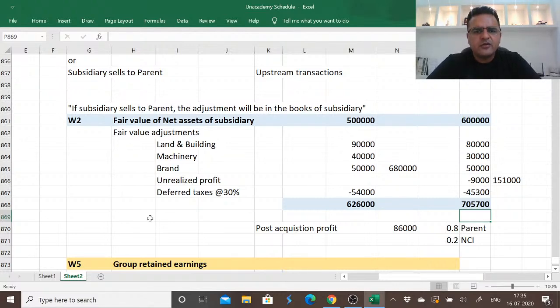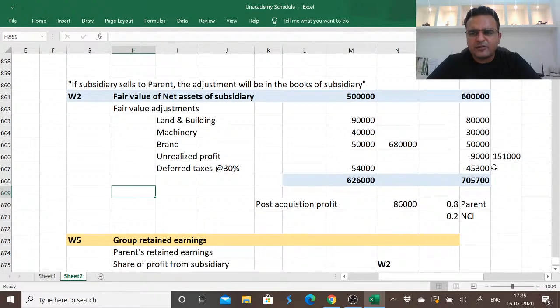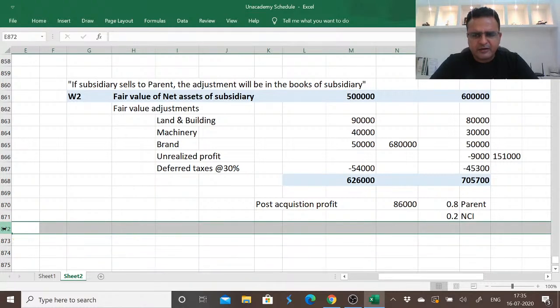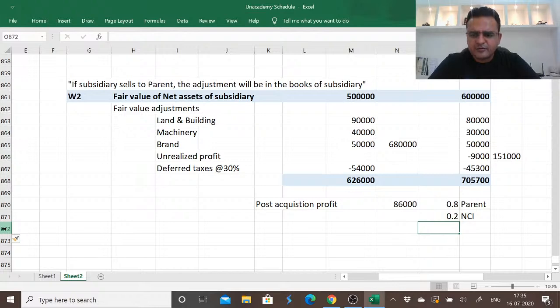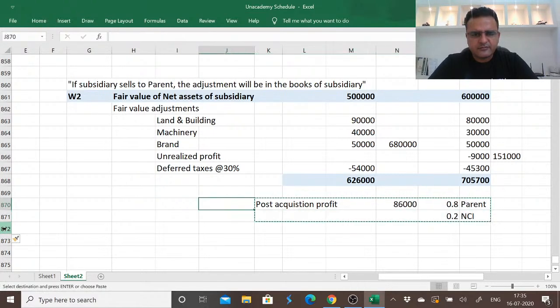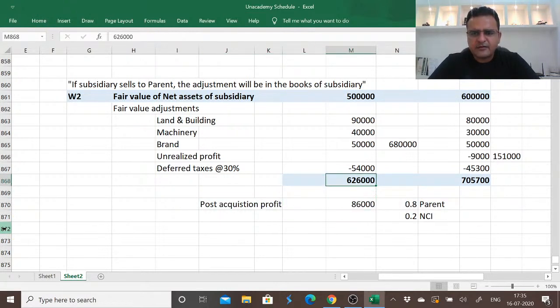The entity which sold those goods was the subsidiary. Now if you have a look at the impact of this 9,000 unrealized profit, the post acquisition profit, in the absence of 9,000, the earnings were 712 minus 626, 86,000, and if the parent has a share of 80% in it, it is 6,000, and 20% is the value of NCI.